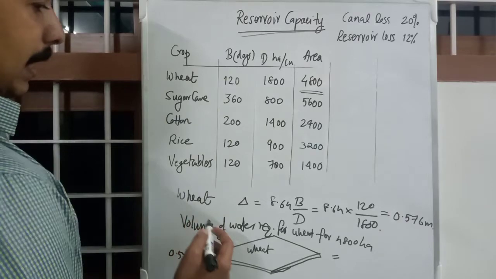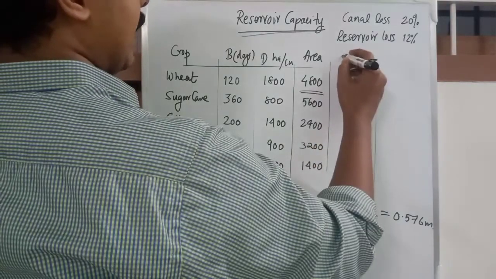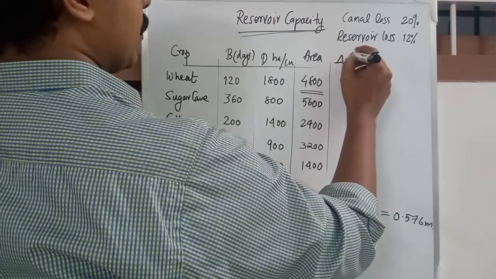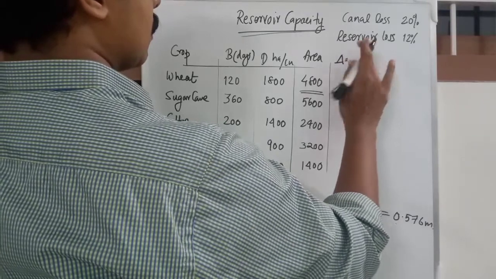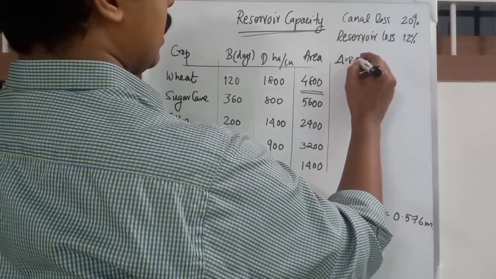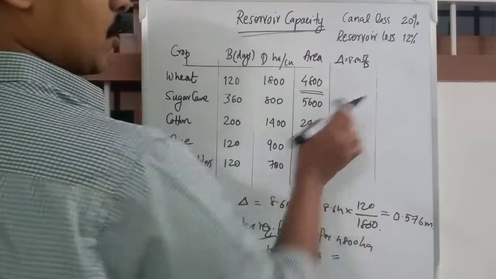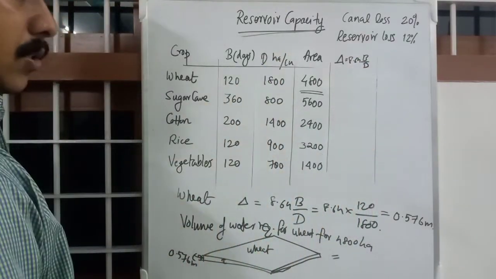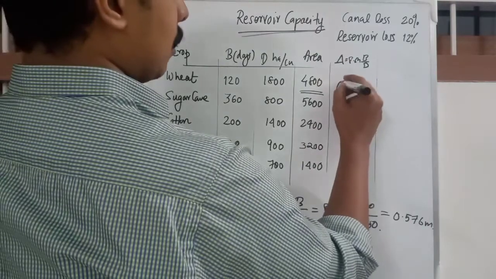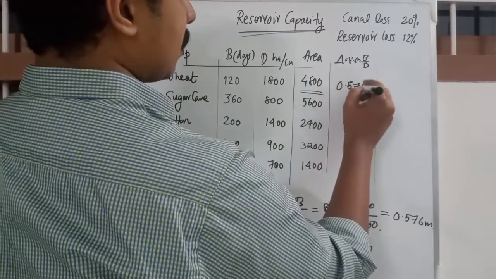So I get delta equal to 8.64 B by D, and in the next column you get 0.576.